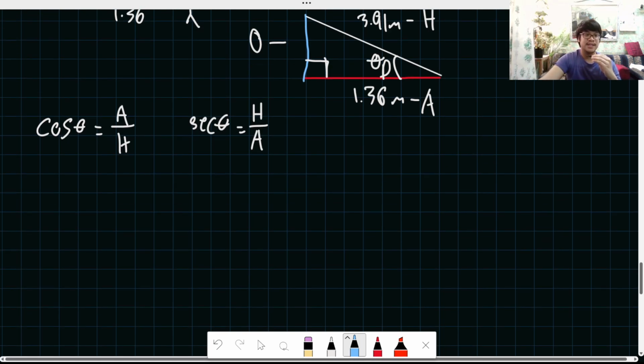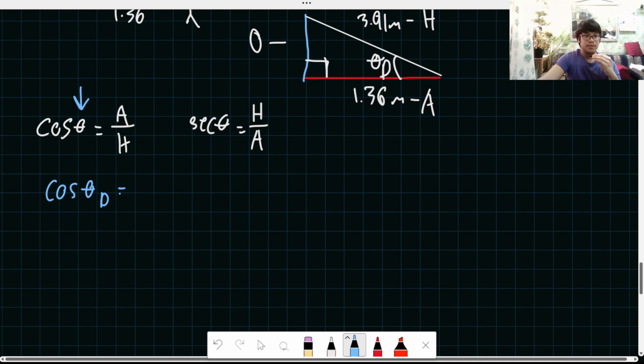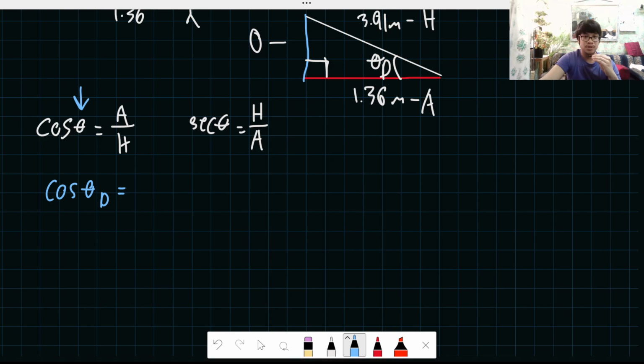So cosine theta is equal to adjacent over hypotenuse. Here we can substitute. The theta we're looking for is the angle of depression. Our adjacent is 1.36 meters over your hypotenuse, 3.91 meters.